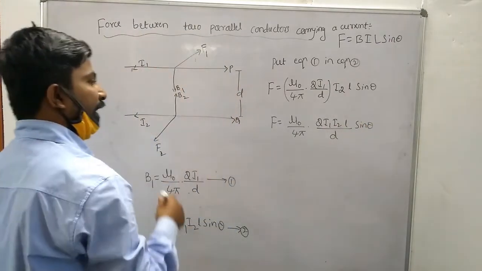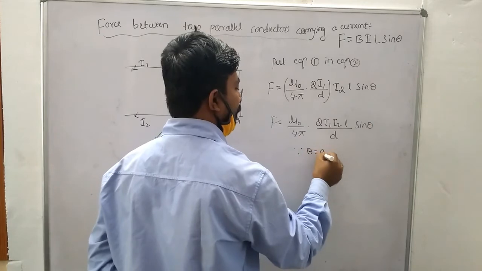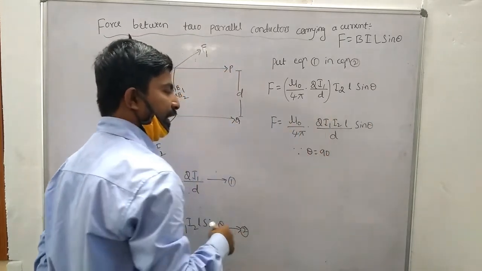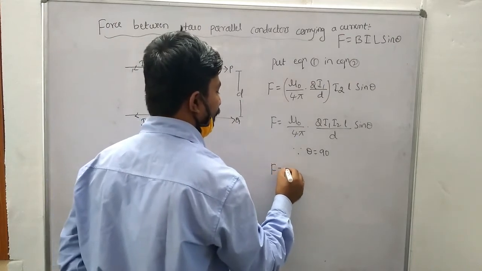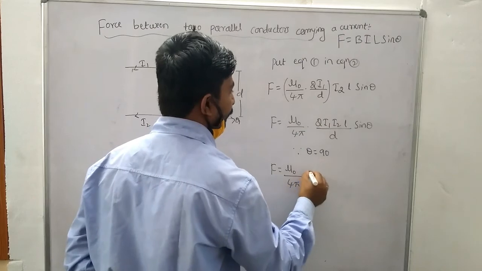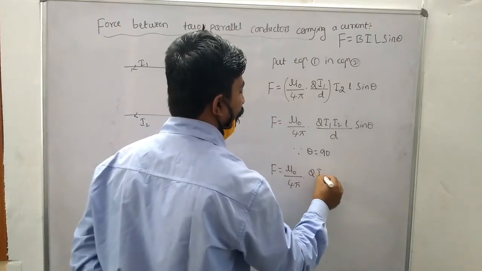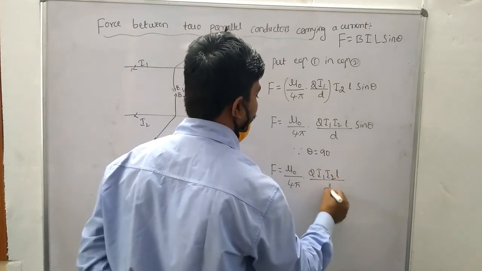So if theta is equal to 90 degree, since theta is equal to 90 degree, what is sin 90? It is 1. So therefore F is equal to μ0 divided by 4π into 2I1 I2 L divided by d.